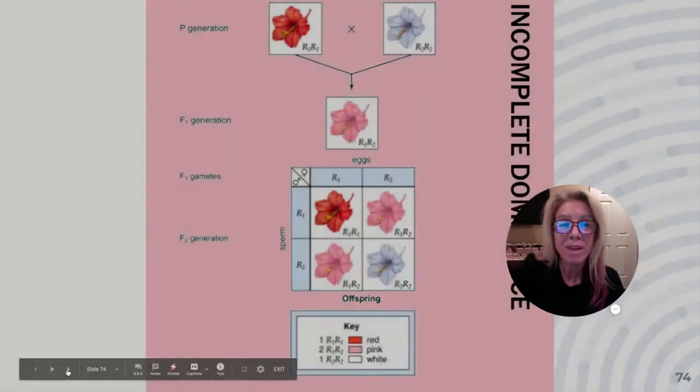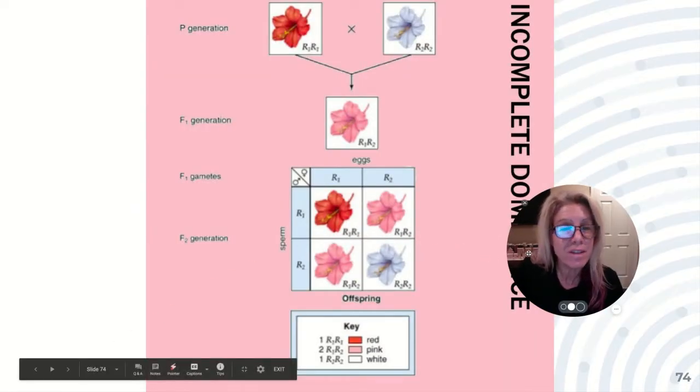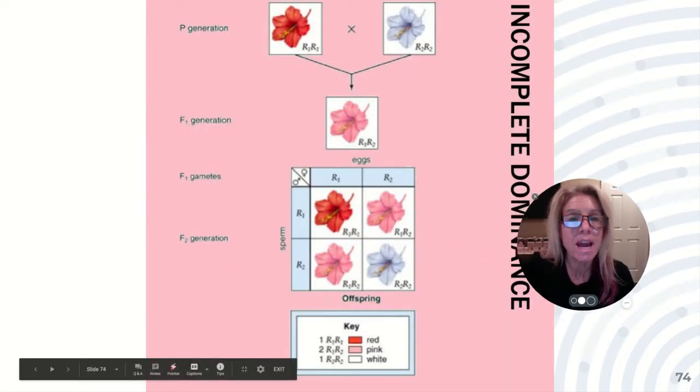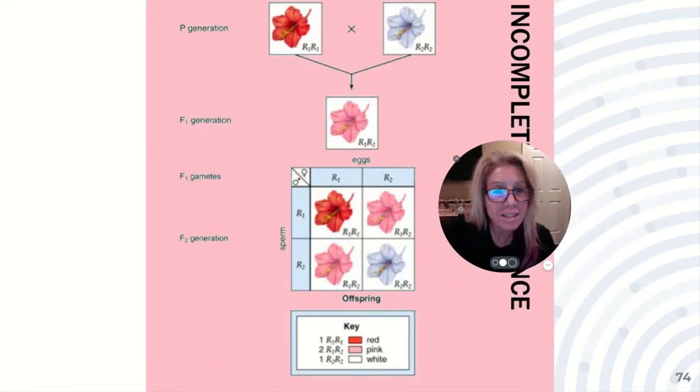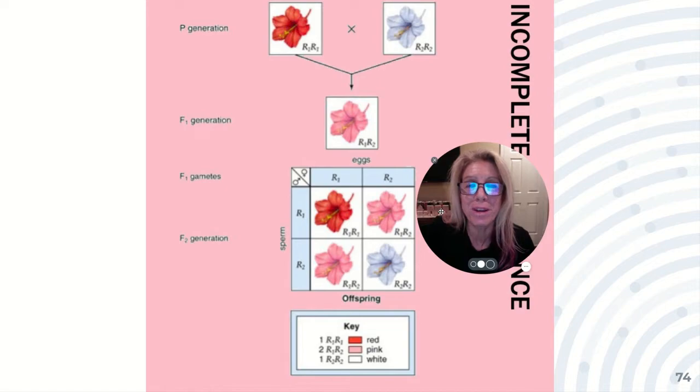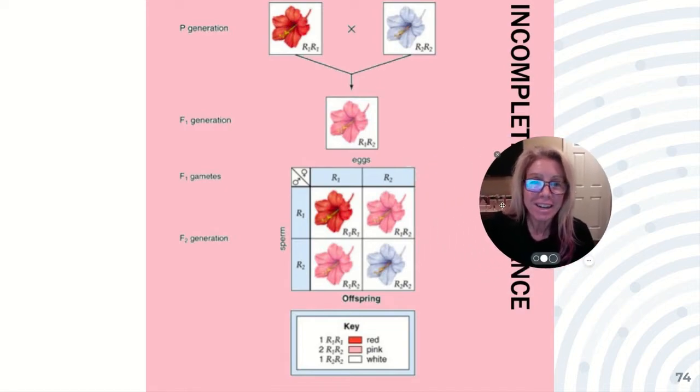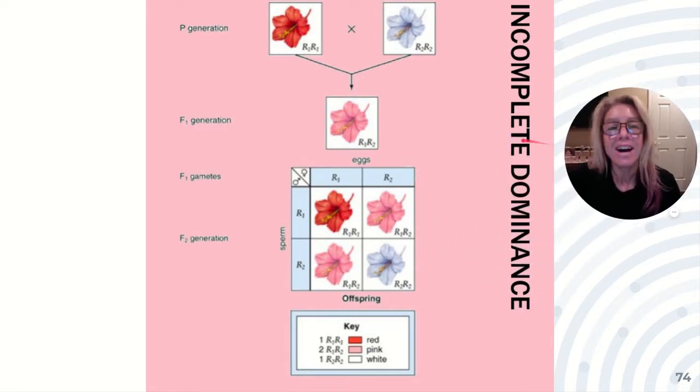All right, so let's look at another exception to the law of dominance, and this is what's called incomplete dominance. Okay, so in incomplete dominance, to our eyes, this looks like blending.